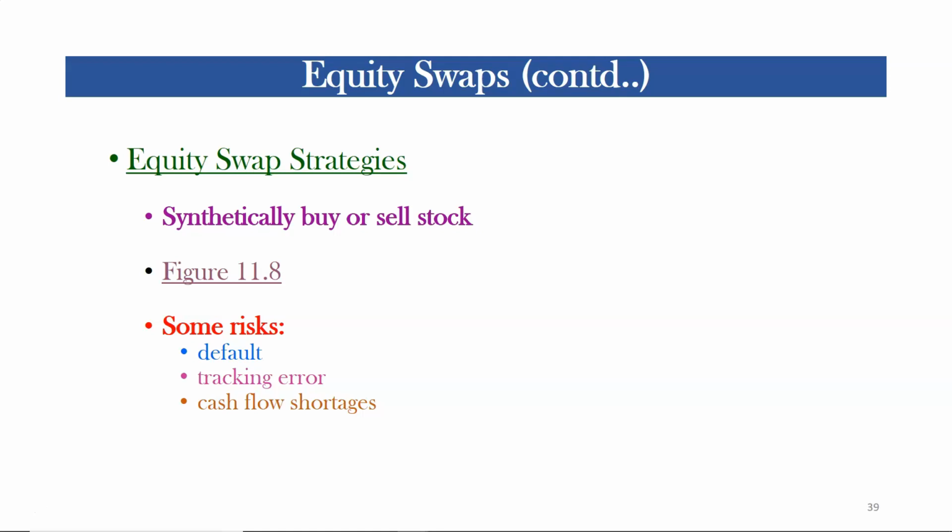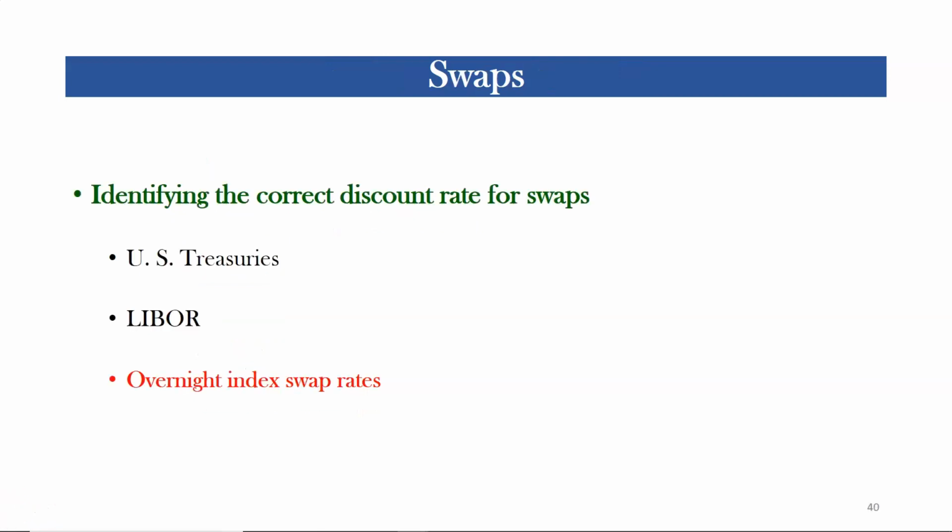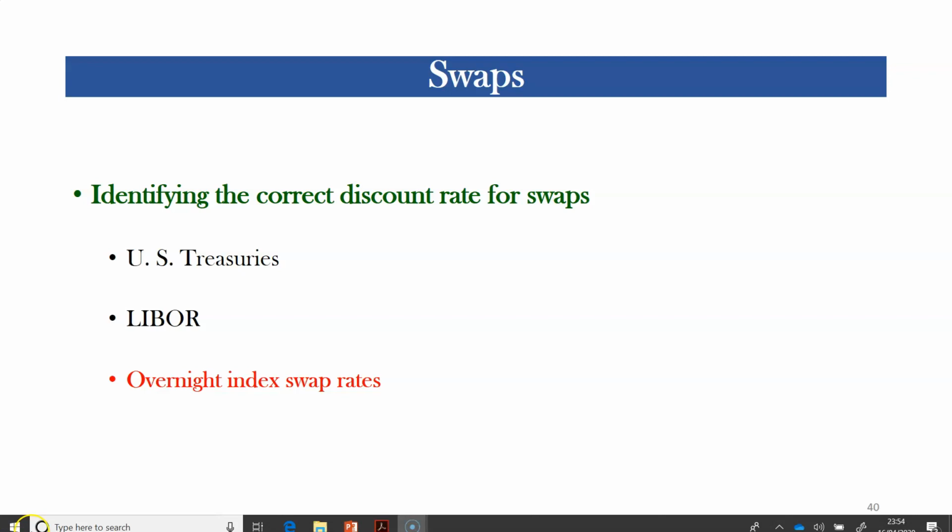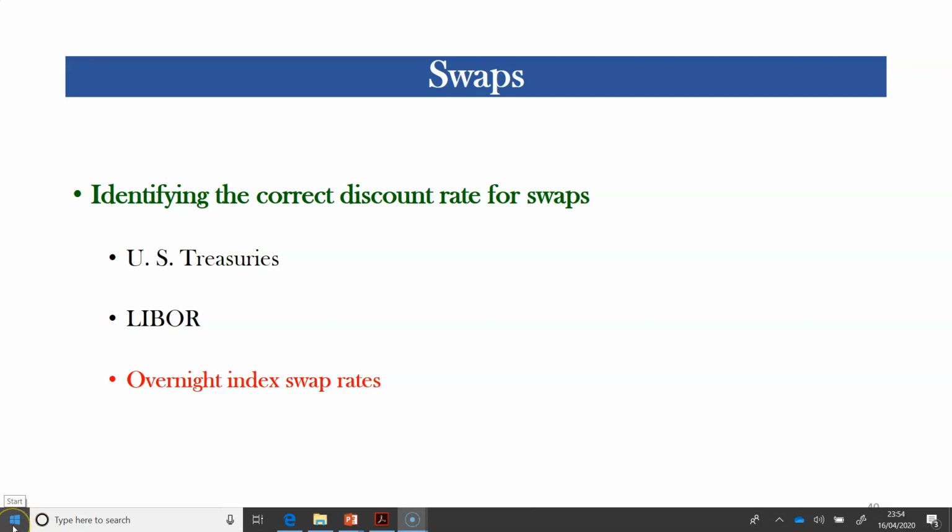This creates risk of cash flow shortages for payments on the equity swap. Generally, it is believed that the US Treasury rate is the correct discount rate to use in swap valuation. However, it has been considered a biased low estimate of the risk-free rate for a variety of reasons and is also subject to influence from the Fed and the government for fiscal and political objectives.